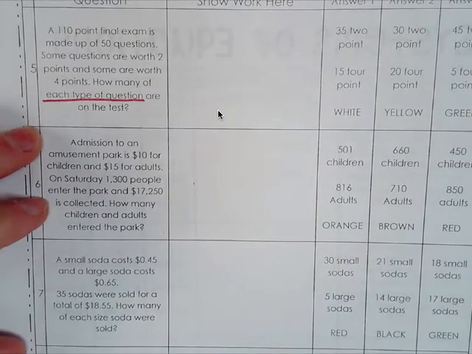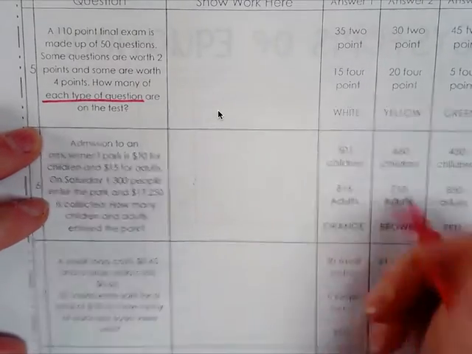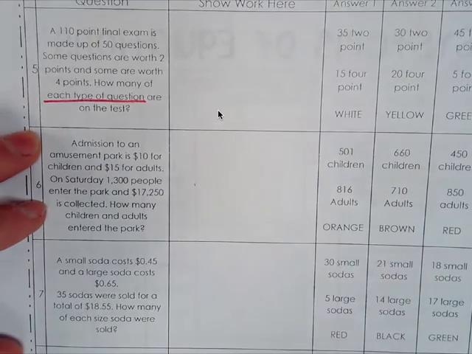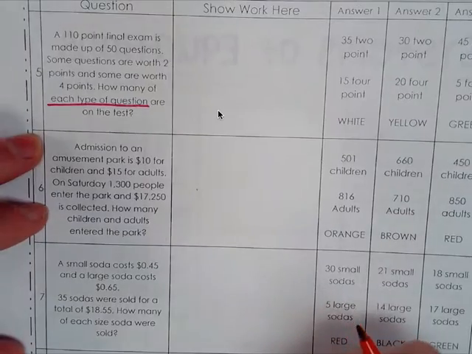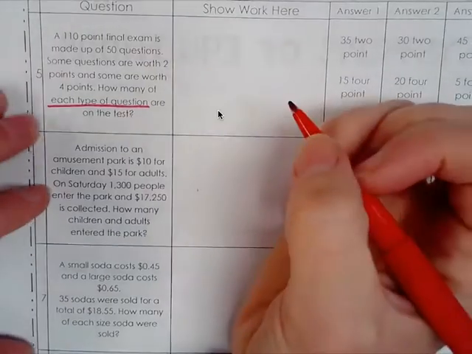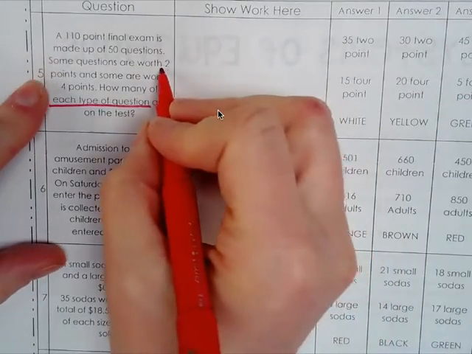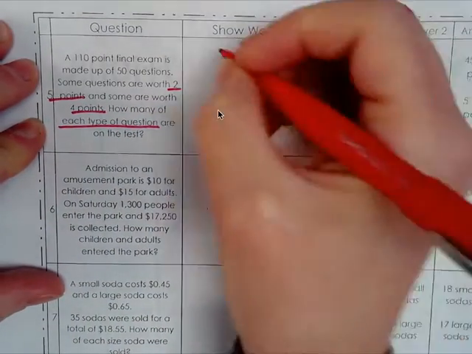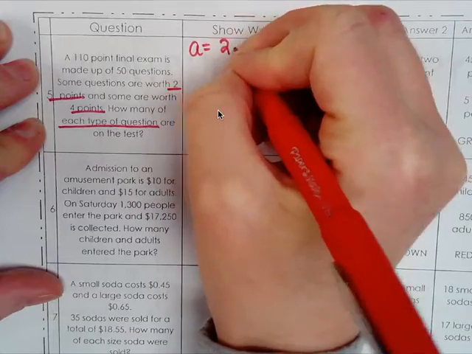So we have two different types. Your two different types are the 2-point question and the 4-point question. I'm going to say that A is my 2-point question.